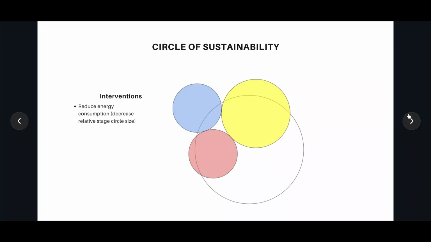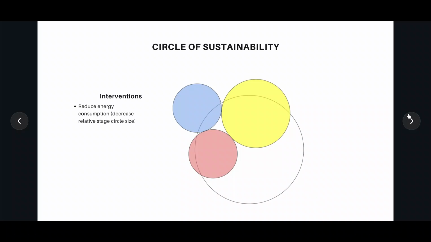The first intervention is to simply reduce the size of the stage circles. This can be done in any way that results in using less energy.